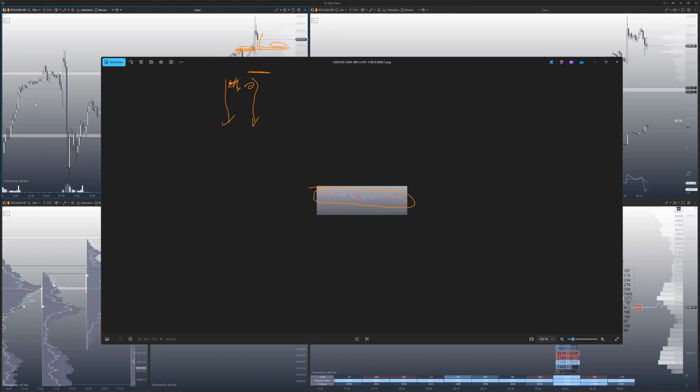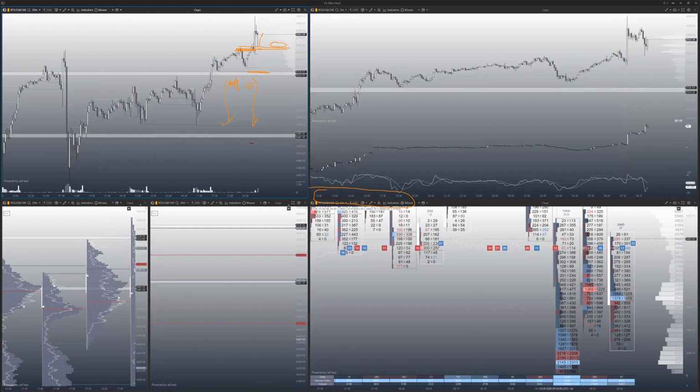What you see here is nothing like time and sales. This is the time and sales, and I set it to show me only trades with a size above 10 contracts. More than 10 contracts it shows me, and you can also see the speed here.